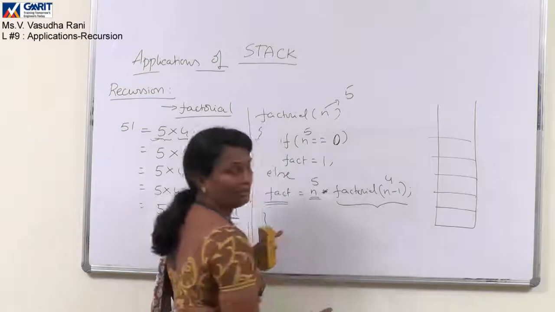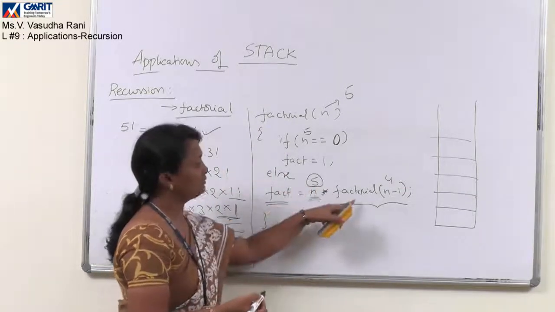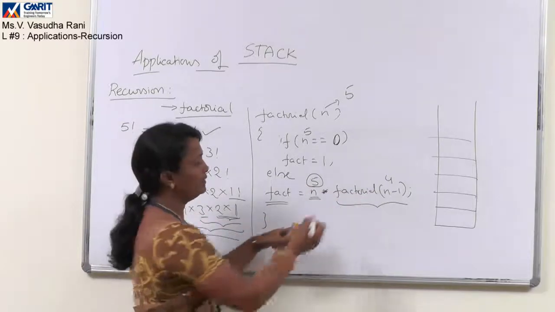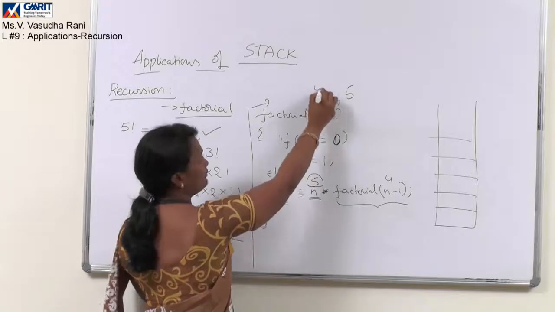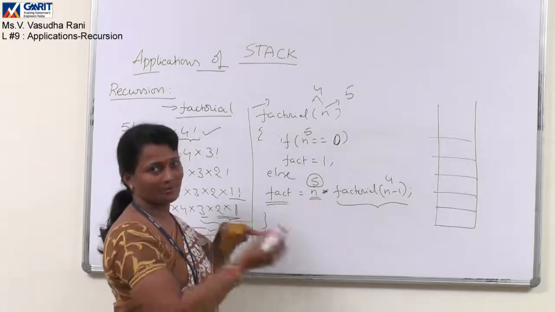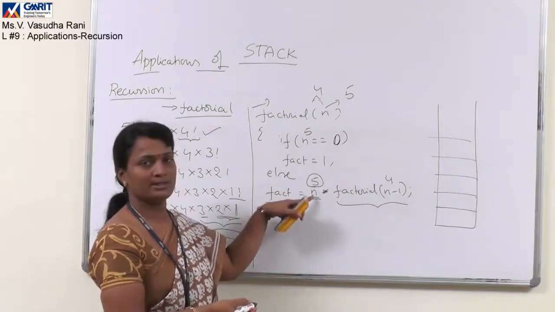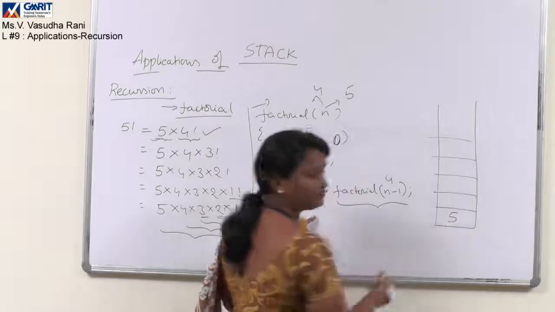This is a function call and here we got the intermediate result 5. As it is a function call, control will move again to the function definition with a new value 4. So while repeating the execution for the next time, all these intermediate values we have to store somewhere. So we will get 5 here.